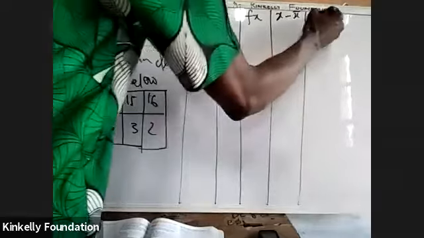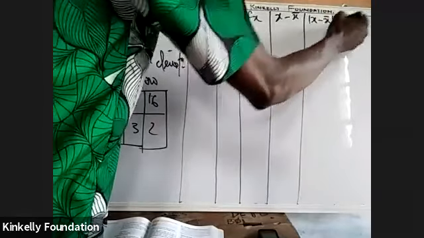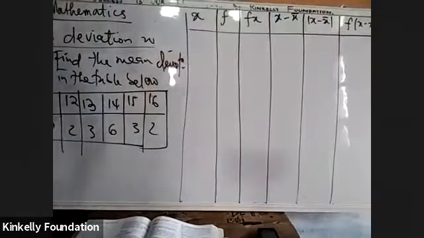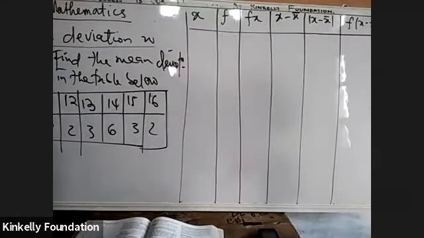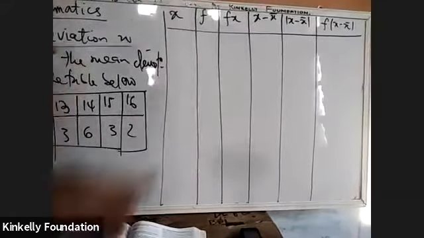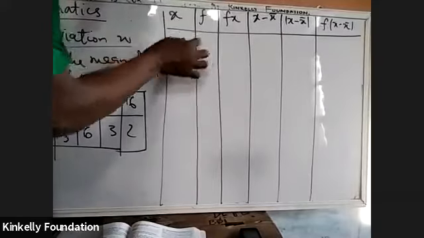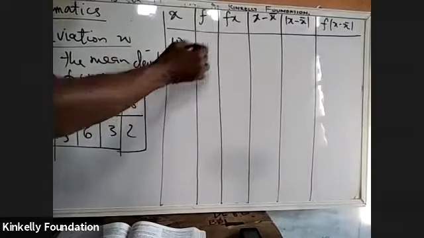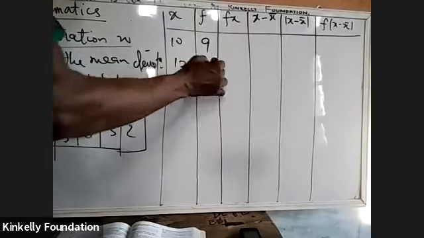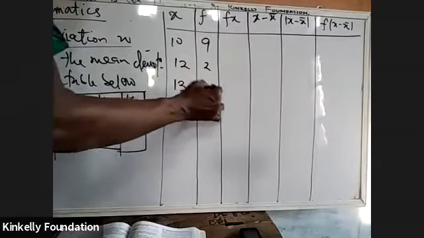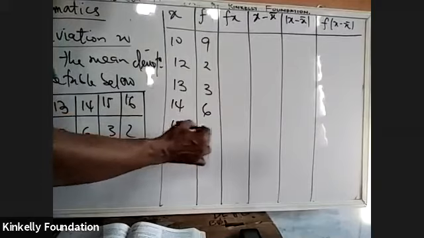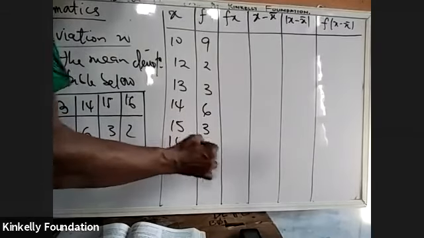We have x and f, the frequency: 10, 9, 12, 2, 13, 3, 14, 6, 15, 3, and 16, 2.